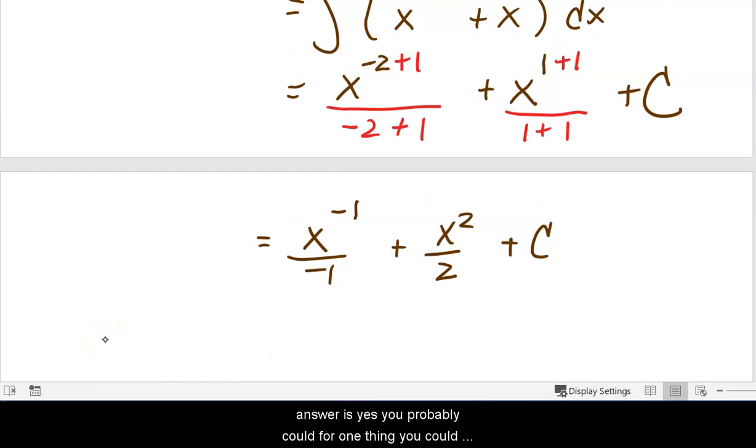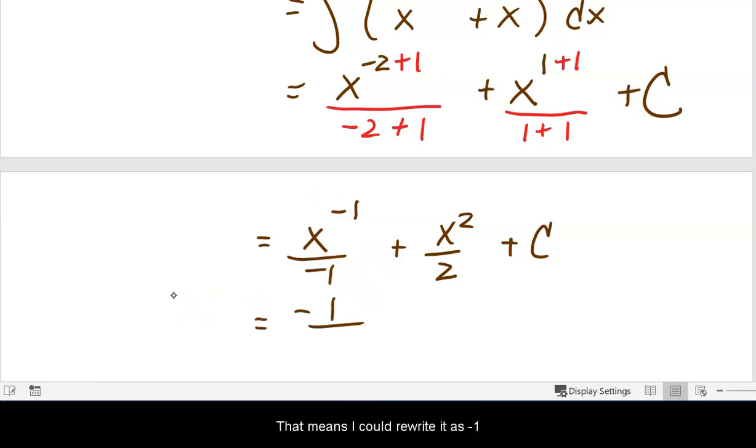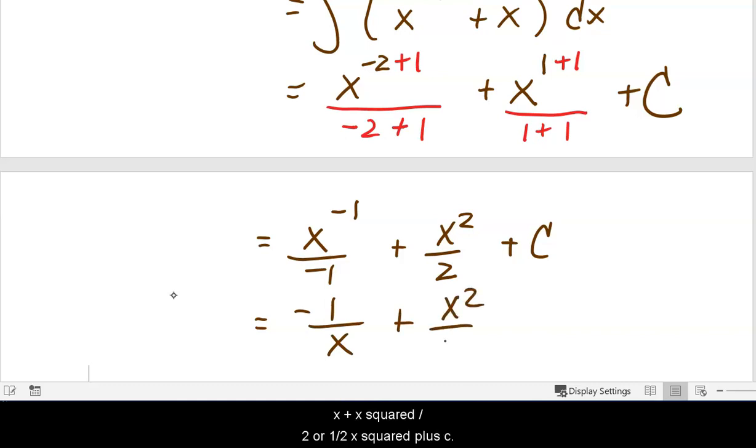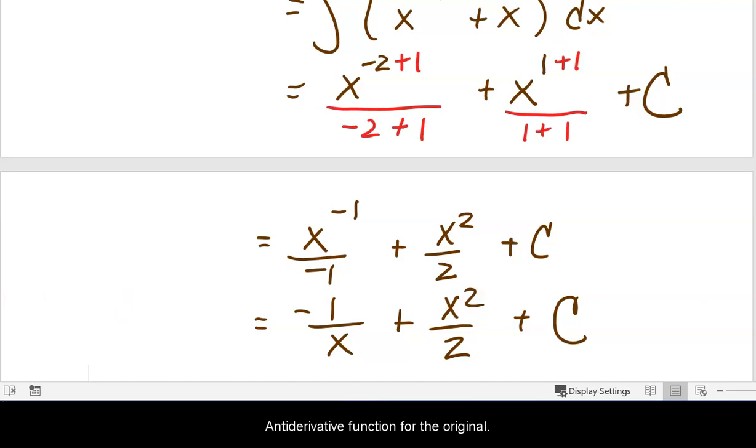For one thing, you could pull the negative 1 on the power, which would drop the x to the denominator. That means I could rewrite it as negative 1 over x plus x squared over 2, or 1/2 x squared, plus C. This would be the antiderivative function for the original.